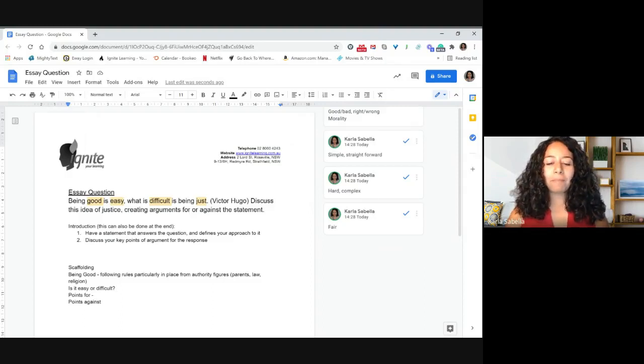So we've got rules for the road that are clarified, so they're made clear to us. And the fact that they're clarified, or made clear to us, makes them straightforward.